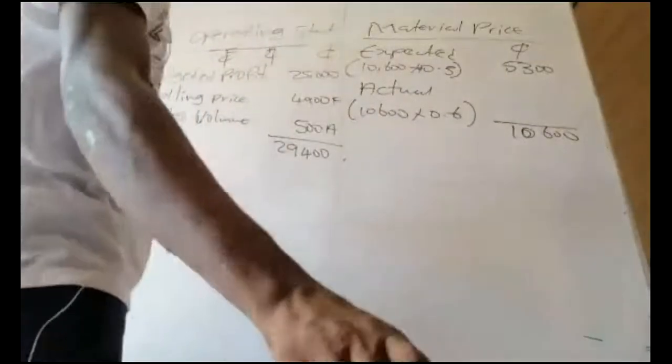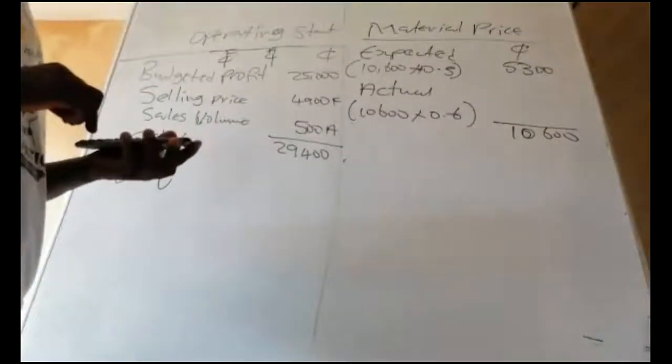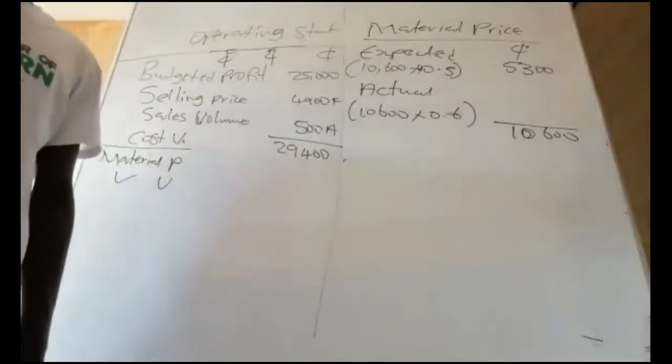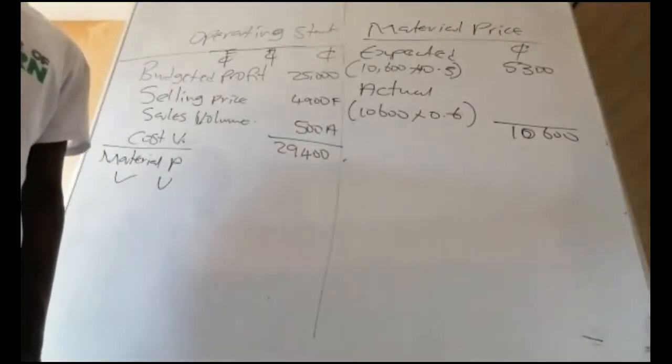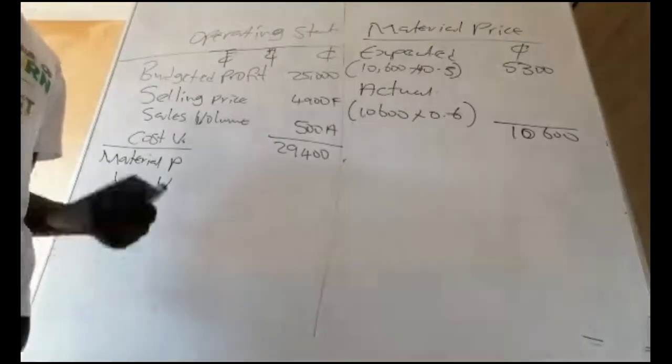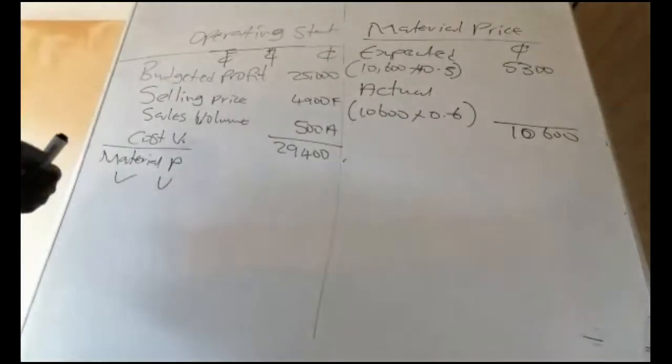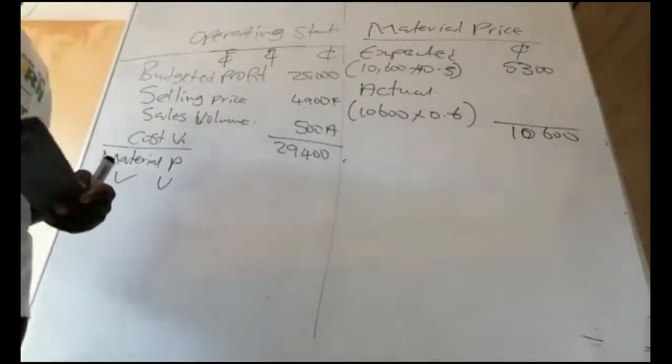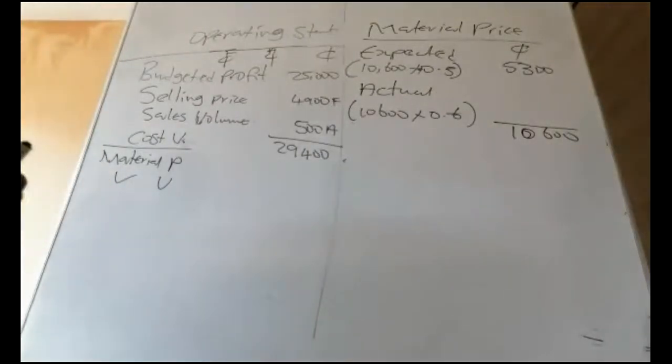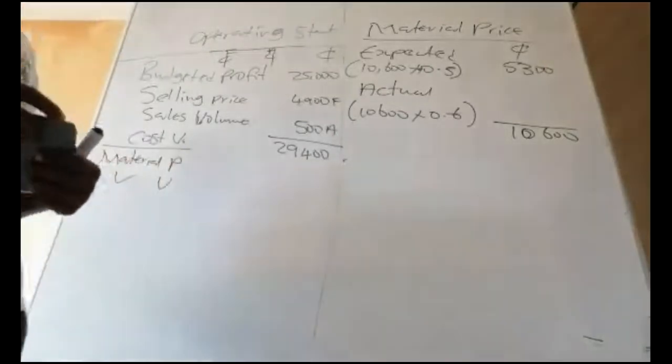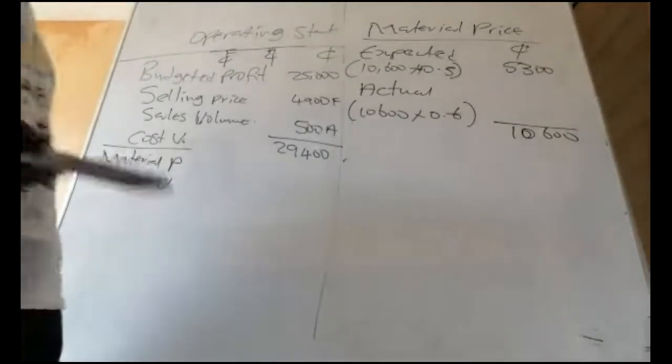Okay. Now let's see how you calculate this. What did you use for the expected, 10,600? Okay. The expected should be 10,000 now. Okay, that's fine. Now we are calculating material price.